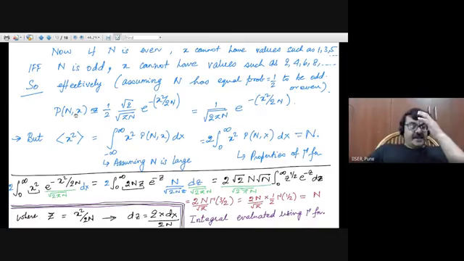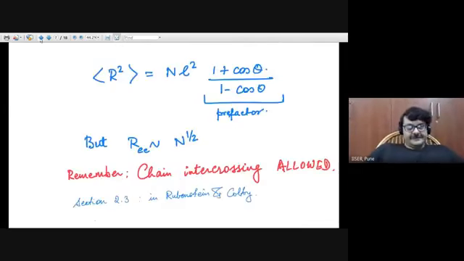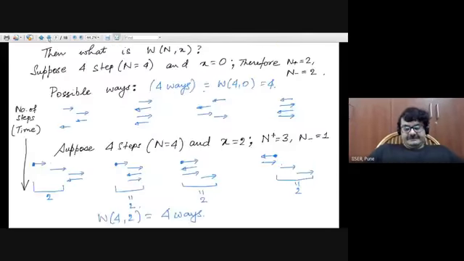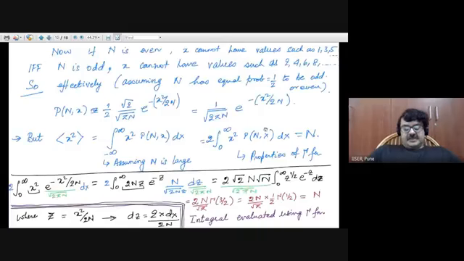So P(n,x), depending upon whether the total number of steps is even or odd, is half of this previous number, which can be written as 1 upon root 2 pi n times the Gaussian function, right?